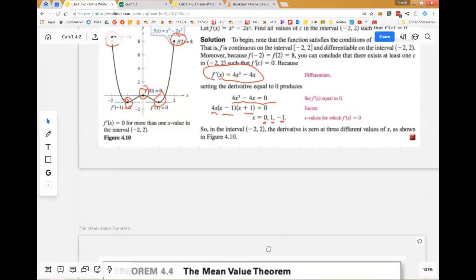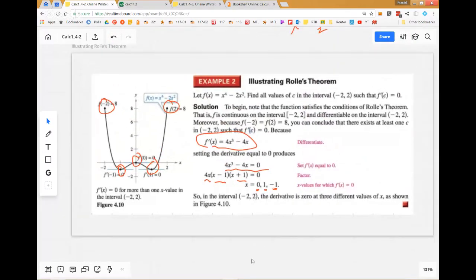Okay, so does anybody have any questions on Rolle's theorem? Basically it's a guarantee that if it's continuous and if it's differentiable at every point between those endpoints, then you're guaranteed to have at least one place where you have a horizontal tangent.